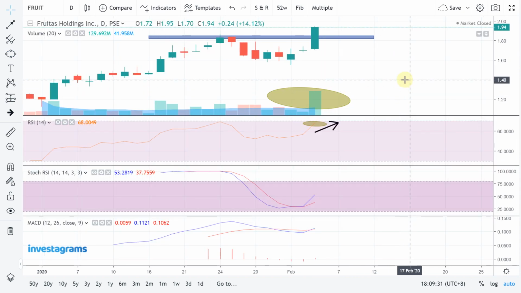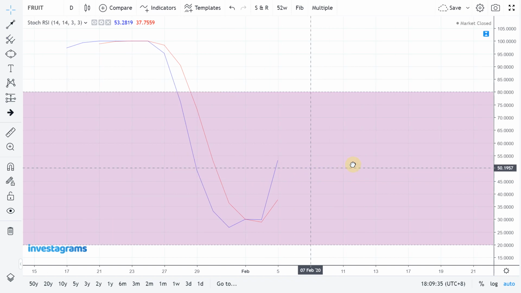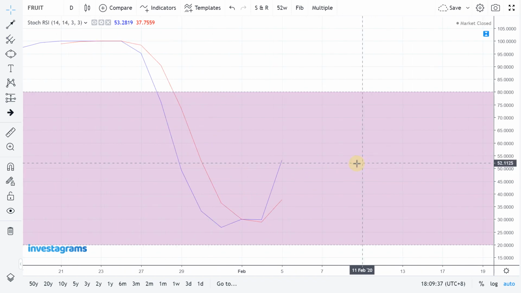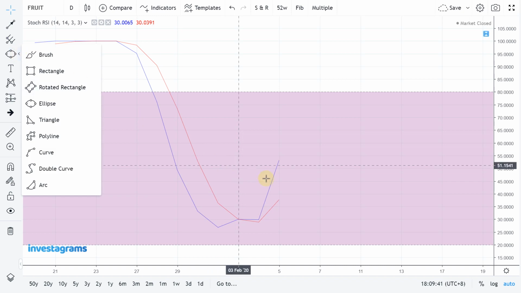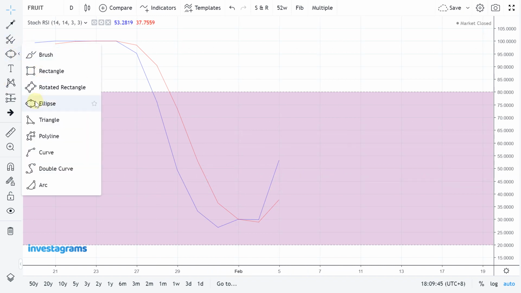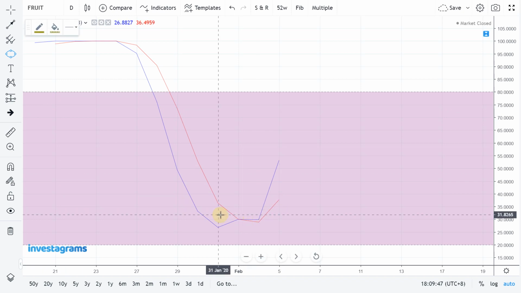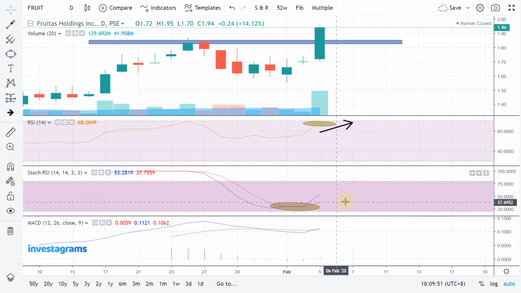Then for stock RSI, we see a bullish flip. So si blue line is above the red line. So bullish tayo sa stock RSI.